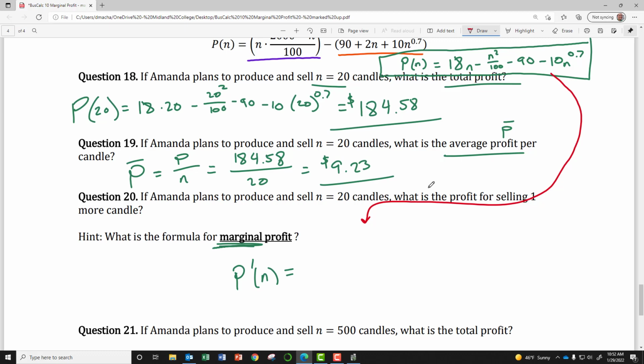Or maybe, if you're really astute, you say, well, I remember the additivity rule of derivatives, which means that if profit is just revenue minus cost, and I ask about the derivative of profit, well, that would just be the derivative of revenue minus the derivative of cost.